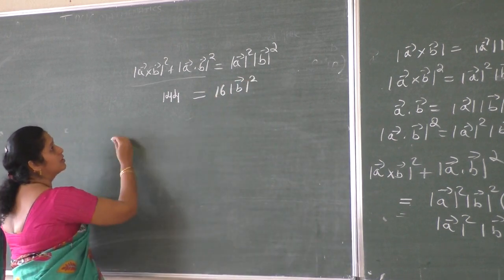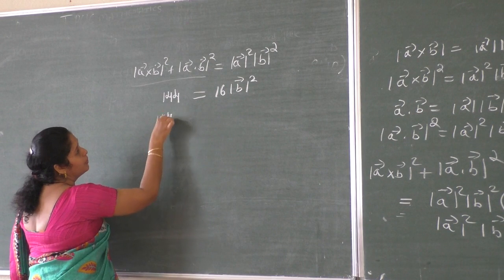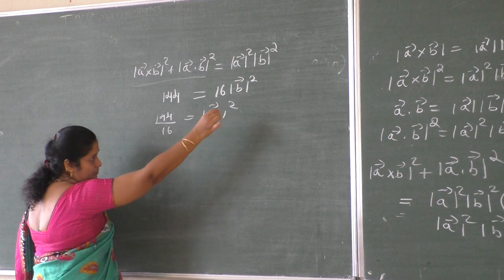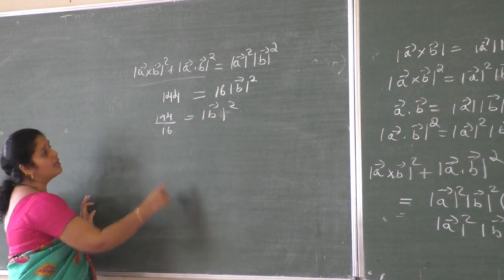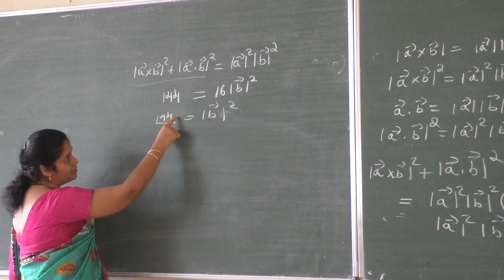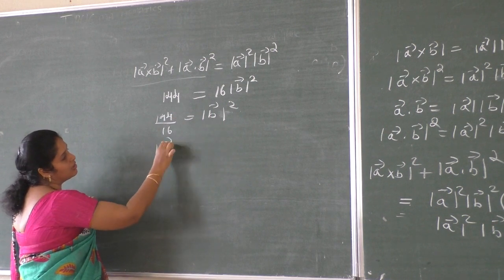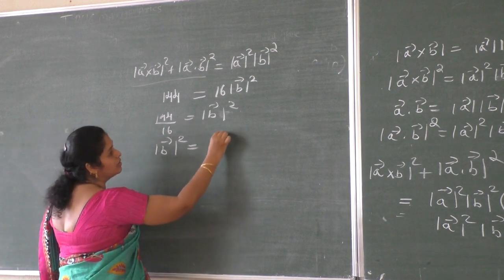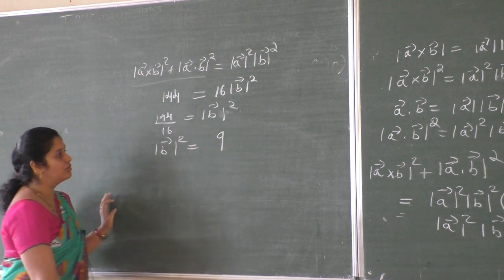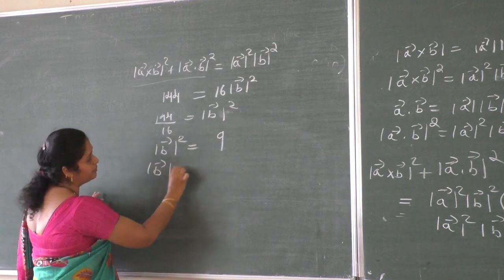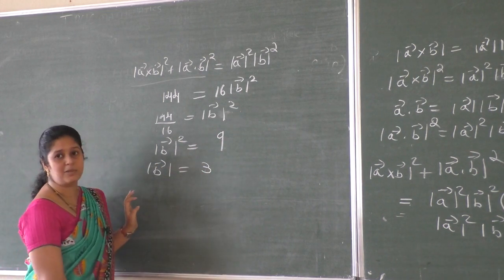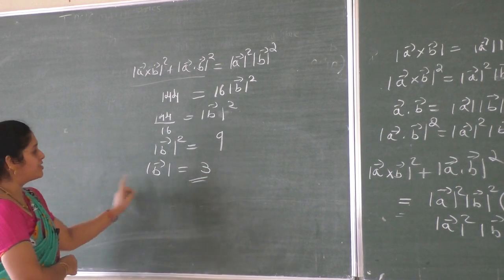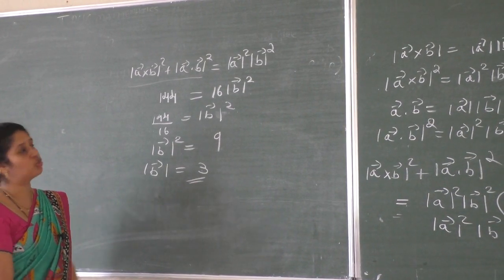So 144 divided by 16 is equal to magnitude of vector B square. 4 4s are 36, so magnitude of vector B square is 36 by 4, that is equal to 9. Magnitude of vector B is plus or minus, but we are writing only plus 3. So the answer is magnitude of vector B is equal to plus 3.